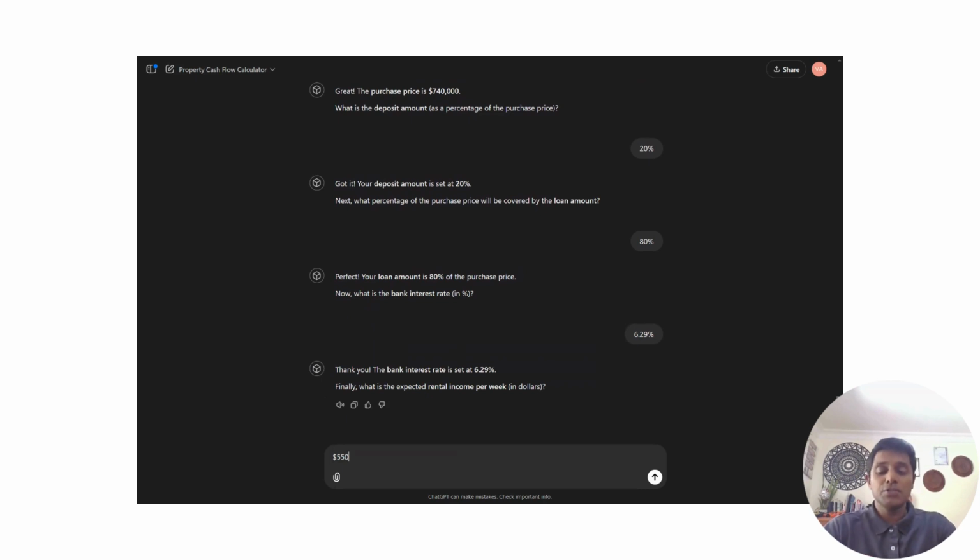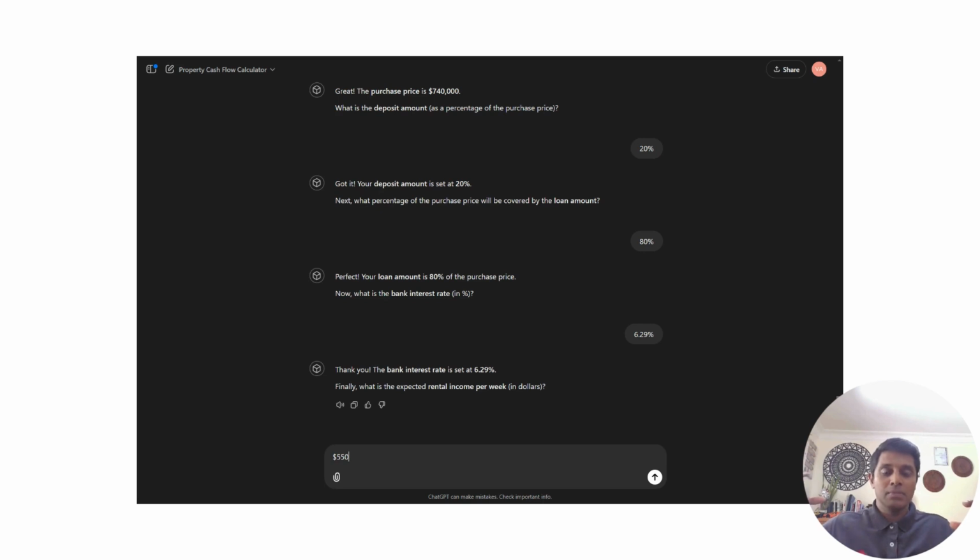So this is just to give them the awareness of what exactly the property is that they're looking at. Just by looking at the numbers itself, the purchase price is so high, and the rental income is relatively less than in the previous scenario.